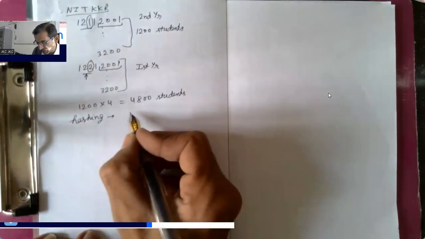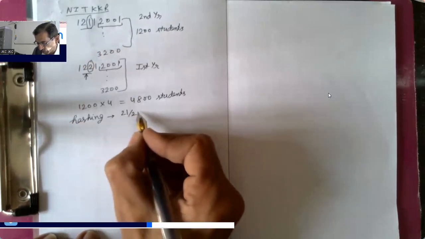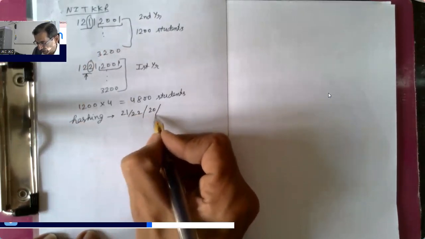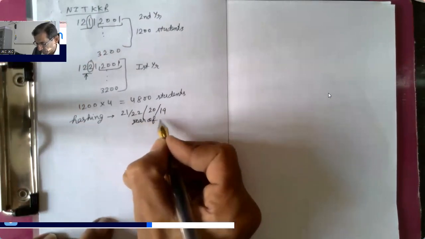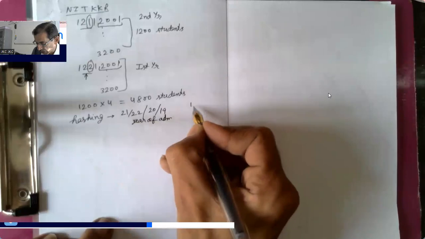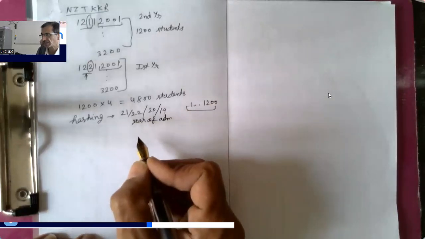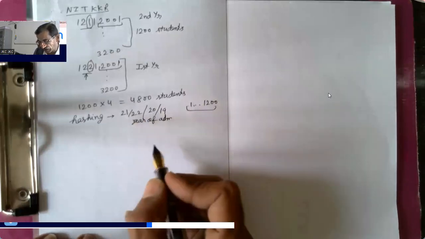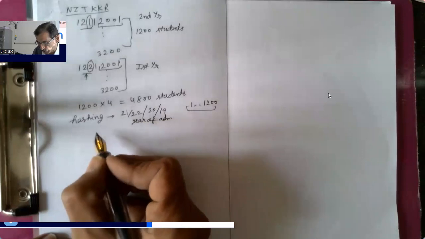Can I combine these values? 21/22/20/19 was your year of admission, and then you have 1 to 1200 as values. If you can think of making some hashing using these, probably you could map to a good simple uniform hashing.